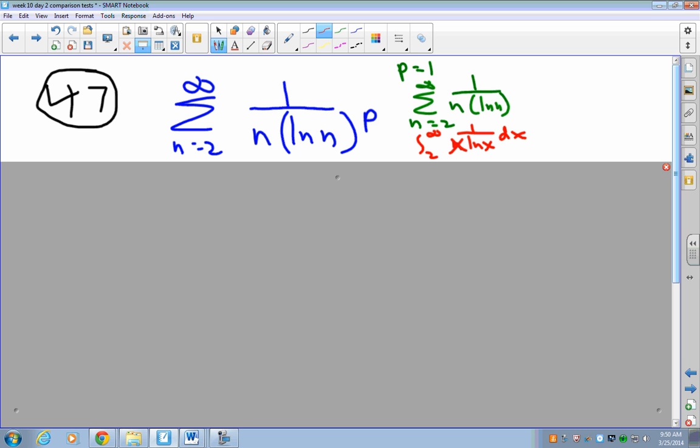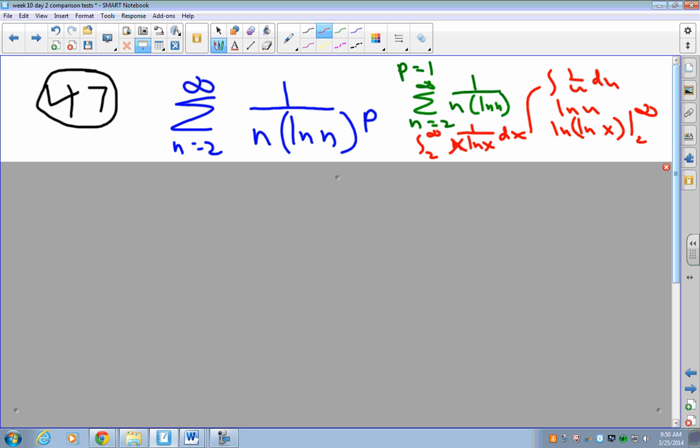You guys agree? Because is it a perfect fit? So this is really the integral of 1 over u. Notice the u's on bottom. Now, who is your u that you chose? ln of x, and the derivative of ln of x is 1 over x, so is it a perfect fit? So then this would be ln of u, which is ln of x from 2 to infinity.